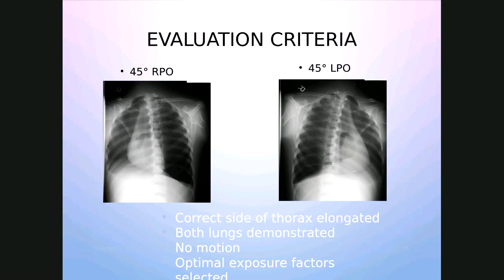If the calcification lines up with where the marker is, then you know that's exactly what that is. But if the calcification and the markers do not line up, then you know that is not what you are visualizing on that radiograph. So again, POs demonstrate the side closest, AOs demonstrate the side farthest from the image receptor.